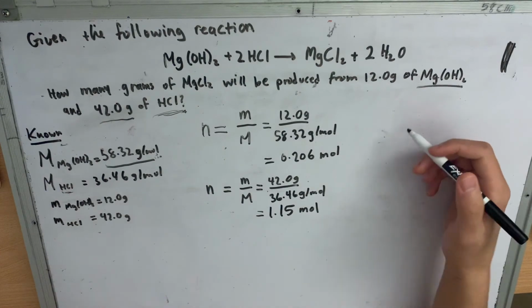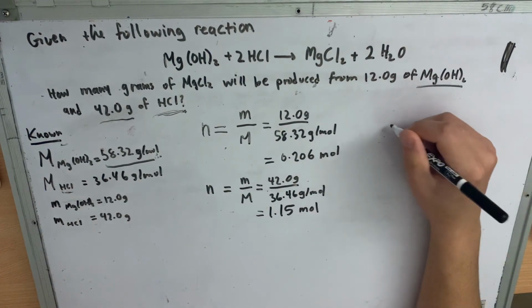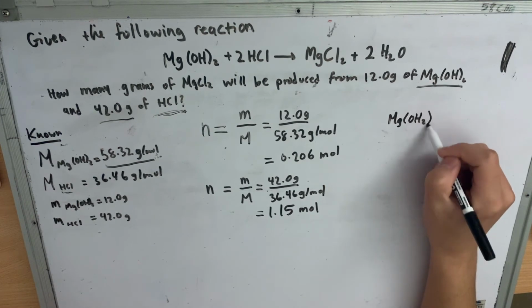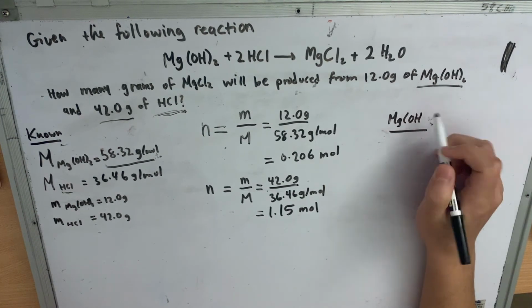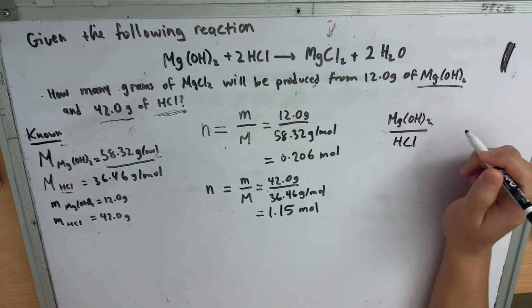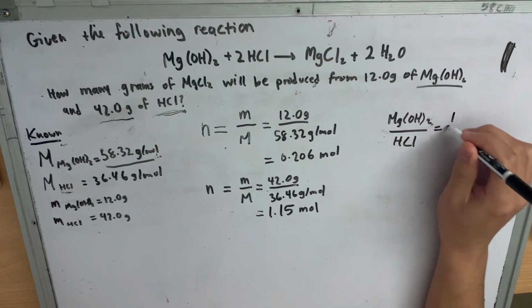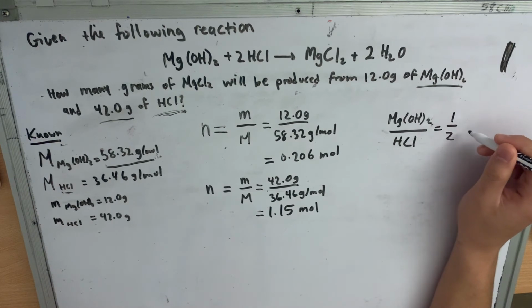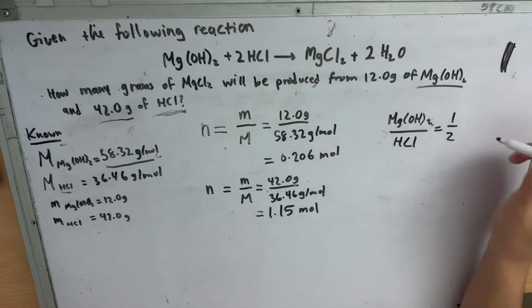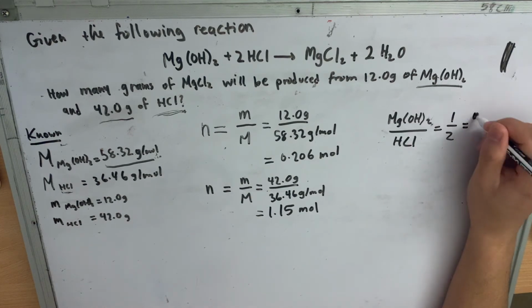The mole ratio of magnesium hydroxide to HCl is 1 to 2. Let's individually use the moles for the magnesium hydroxide first, which is 0.206.